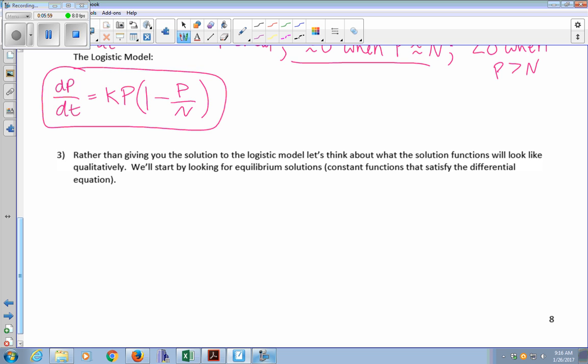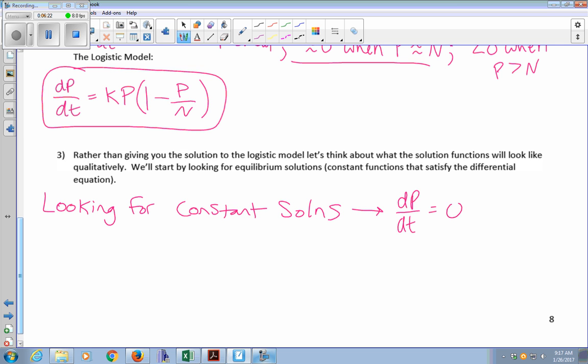All right, so what is the derivative of a constant function? 0, right? The derivative of 5 is 0. So if I'm looking for constant solutions, those happen when the derivative, dp dt, equals 0.